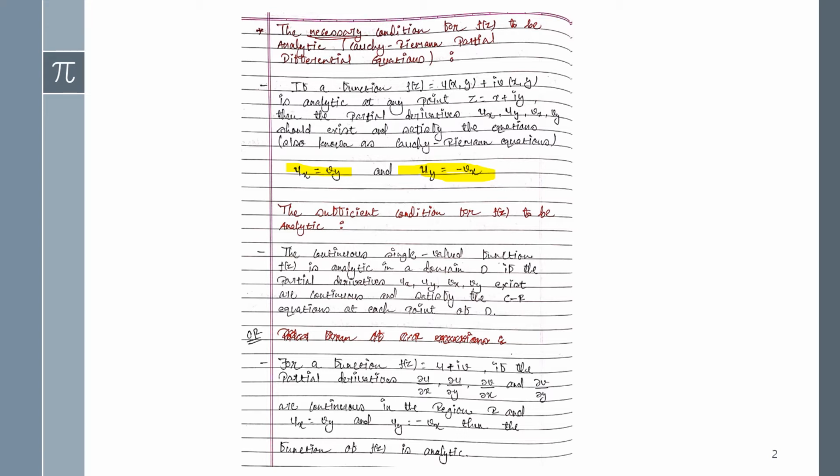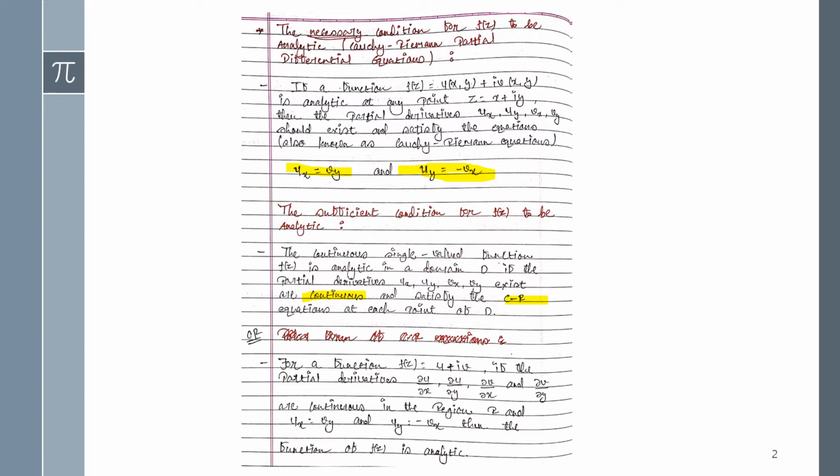They must all exist, and they must be continuous, and again satisfy the CR conditions, that is, the Cauchy-Riemann conditions, at each point of the domain. For whichever domain, that is, the specific interval you have been given, okay? Whichever points you have been given for that.